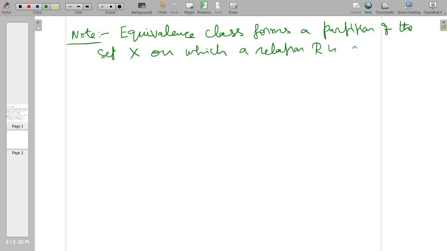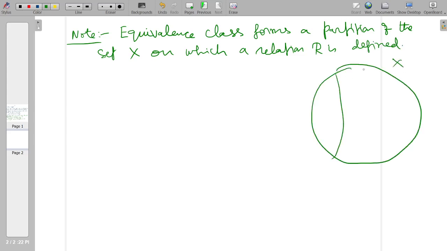So if I take this as set X, I will have certain partitions: the equivalence class of A1, equivalence class of A2, so on up to equivalence class of An. You can see that the intersections are empty and the union of these sets would be your entire set X. So this is the result that we are to prove today.